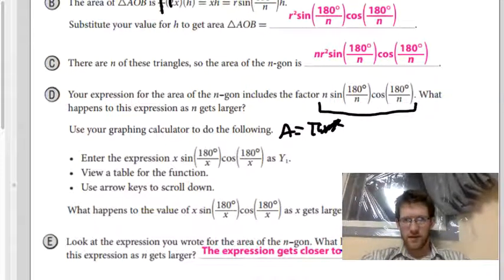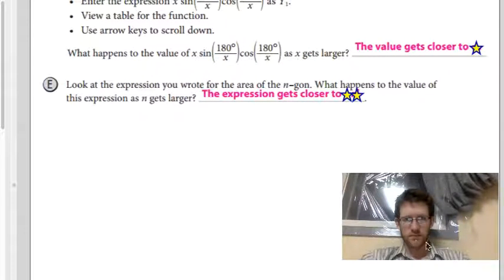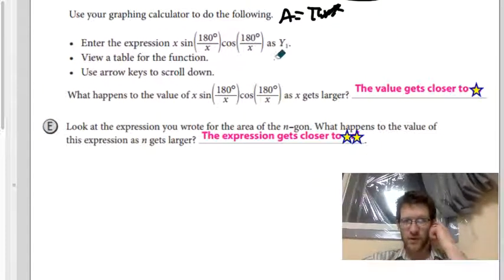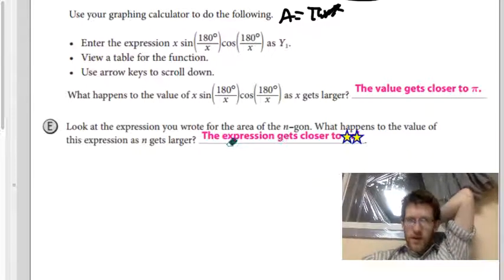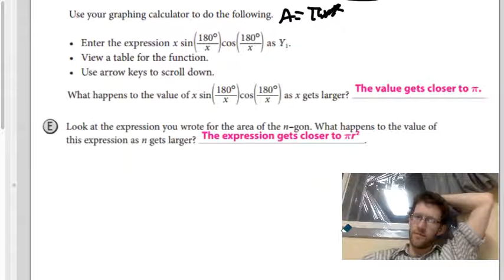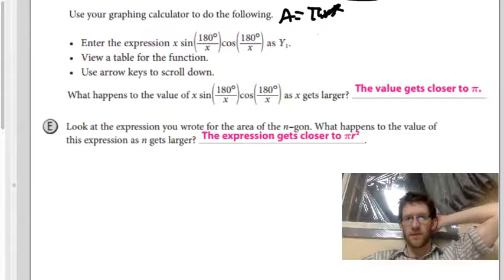So as we get closer and closer to infinity, that expression right here gets closer and closer to pi. So therefore, the area gets closer and closer to pi r squared. Cool. So we just derived both of those formulas.